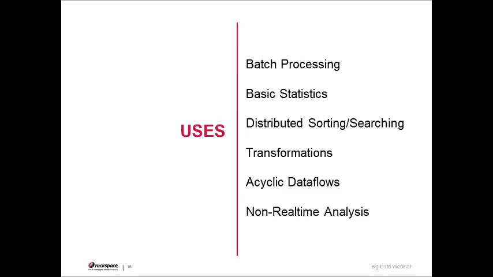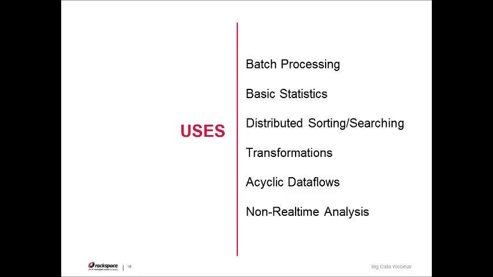Now many of you will recognize MapReduce simply as a batch processing system, and that's exactly what MapReduce is, a highly parallelized batch processing system. And this means MapReduce is really good at performing things like basic statistics, such as performing regression analysis across data sets, which can help us find trends and correlations.